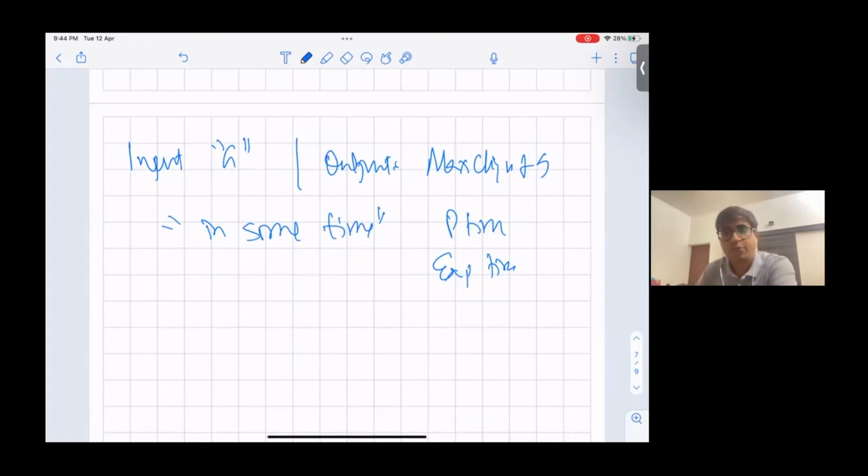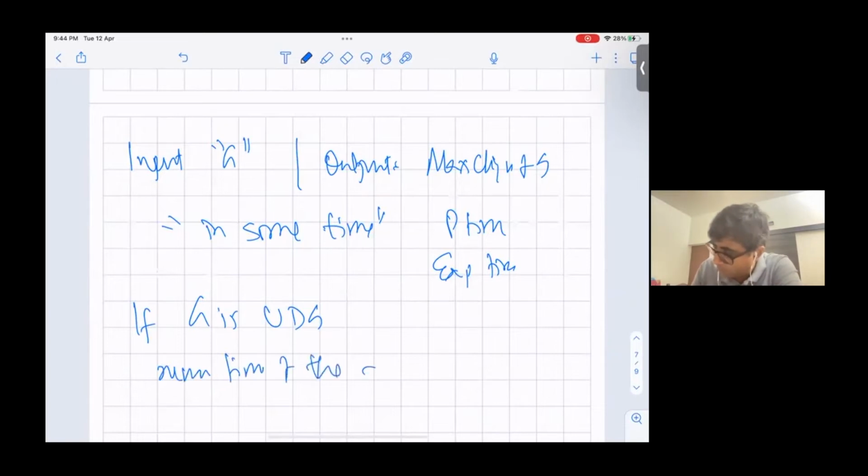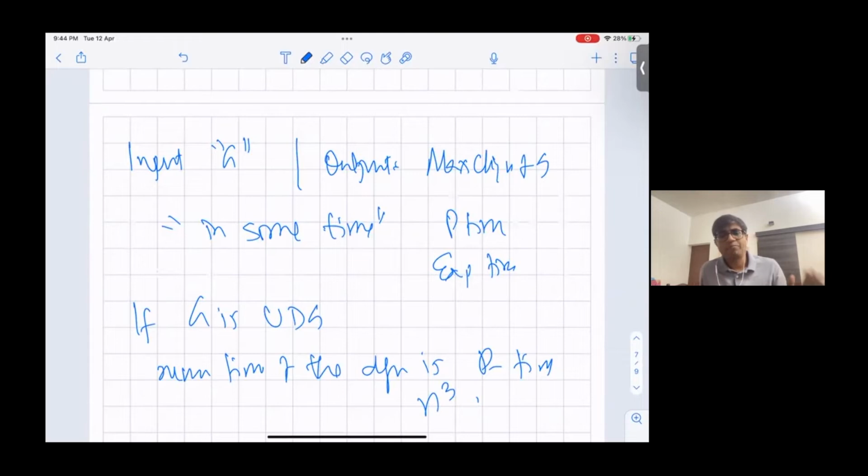But I can prove that if G is actually a unit disk graph, then the running time of the algorithm is polytime, like n to the power 3, for example. So now what I can do with this algorithm is run it up to n cube time.